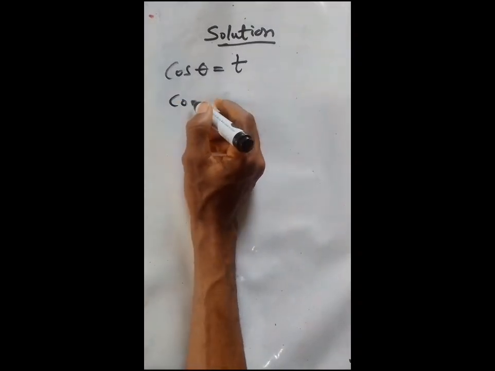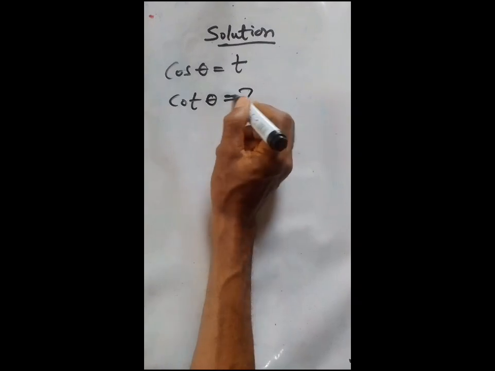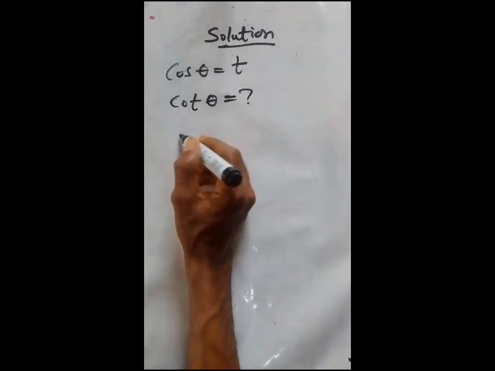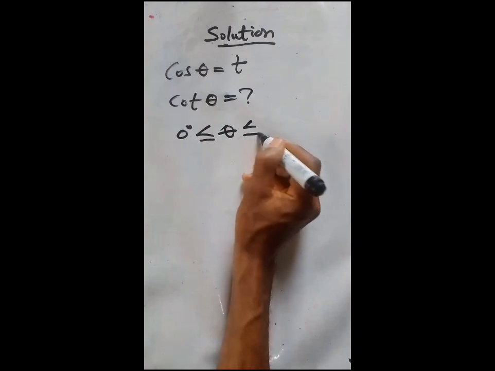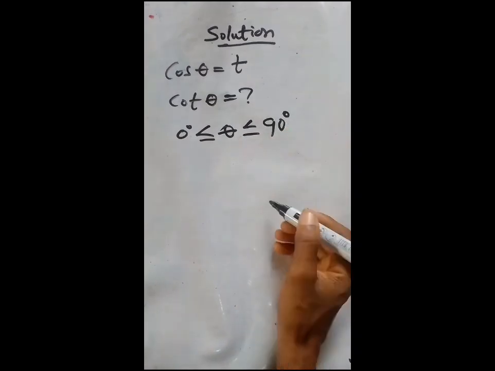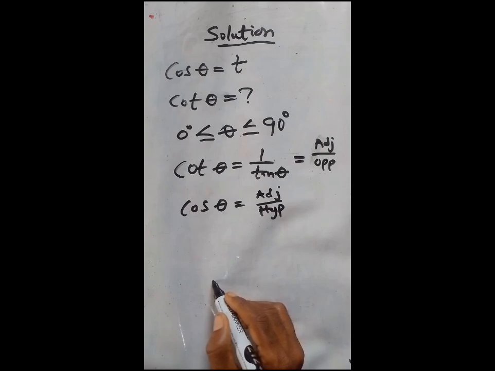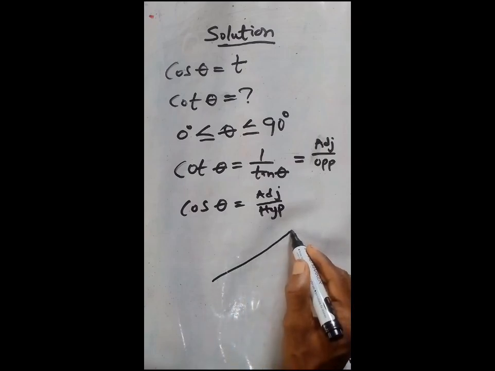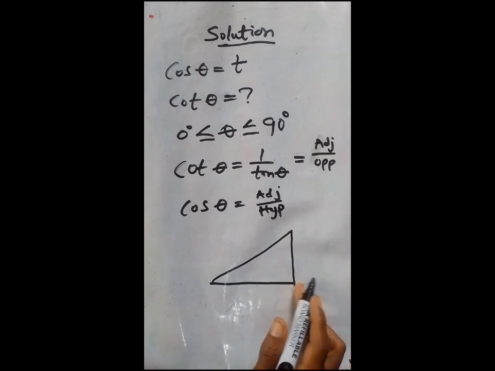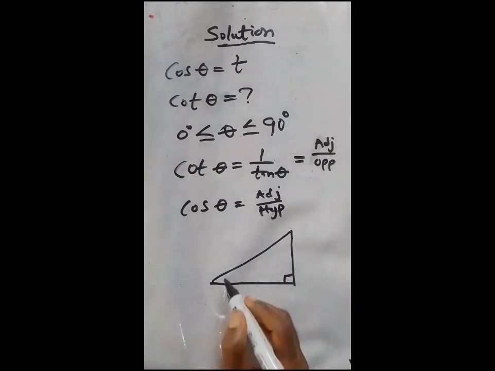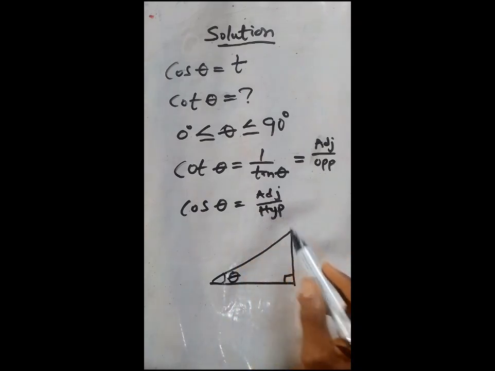Now we are given cos theta equal to t, and cot theta is what we are looking for, and the angle is within the range of 0 to 90 degrees. So cot theta is the inverse of tan, that is adjacent over opposite, and cos is adjacent over hypotenuse.